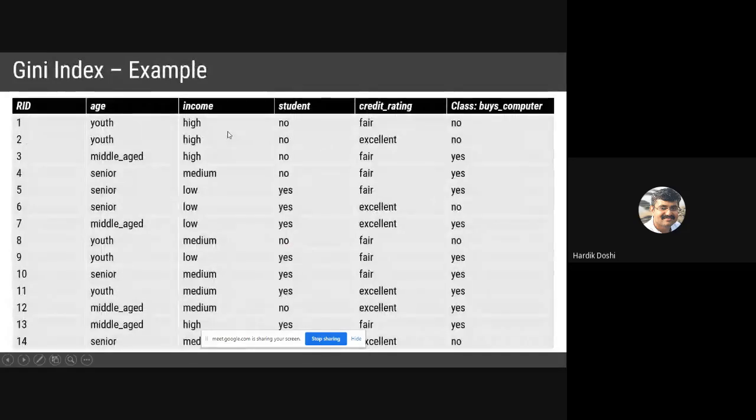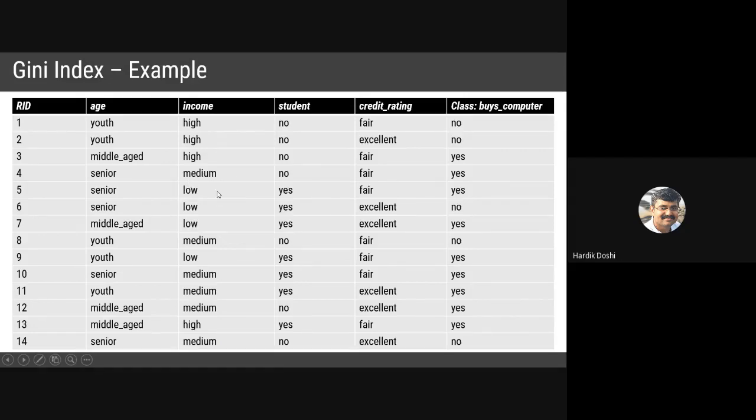This is the example for income low and medium: 1, 2, 3, 4, 5, 6, 7, 8, 9 and 10. So 10 tuples are there for which we have low and medium value.